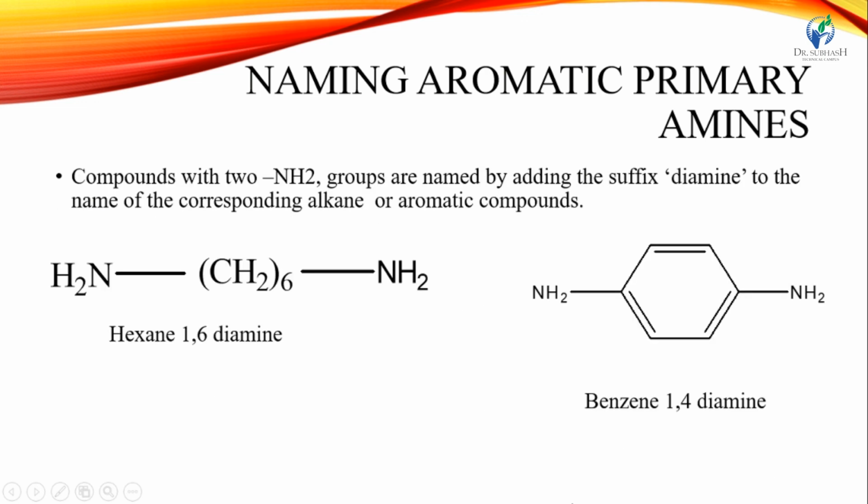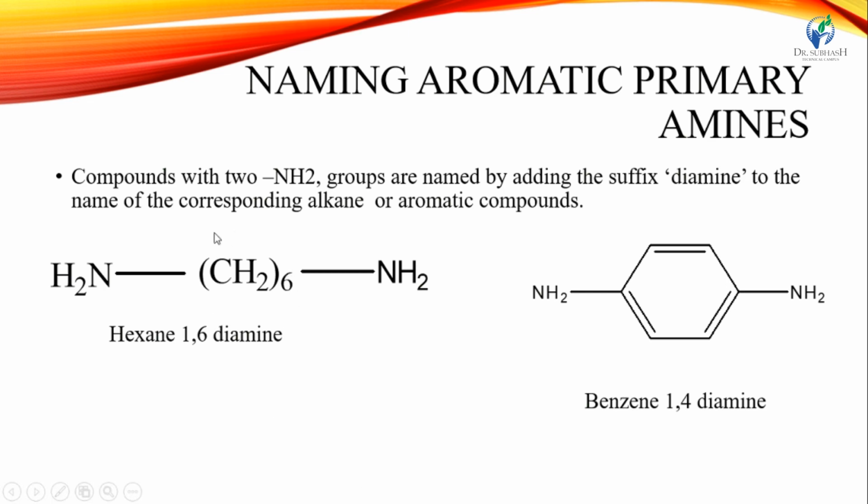Then, compounds with two NH2 groups are named by adding the suffix diamine to the name of the corresponding alkane or aromatic ring.